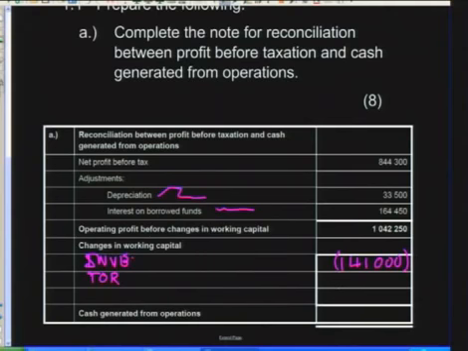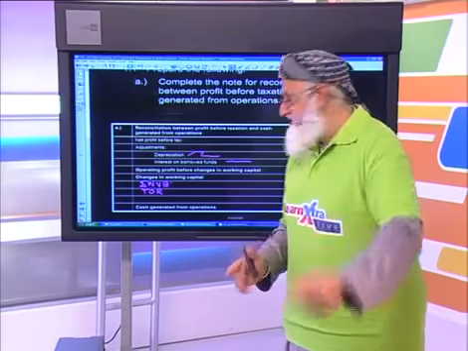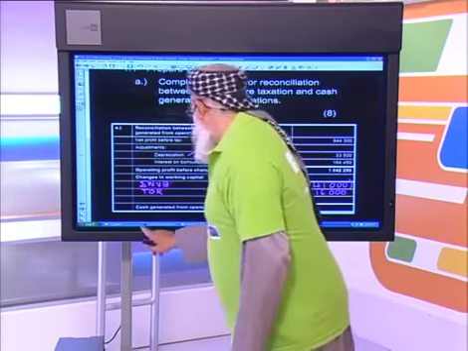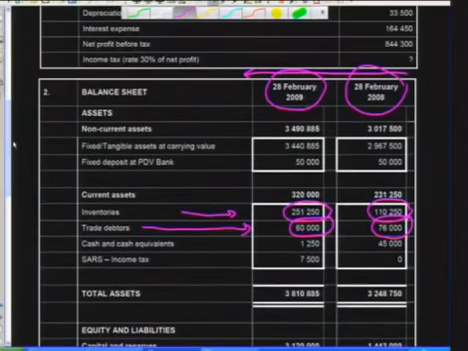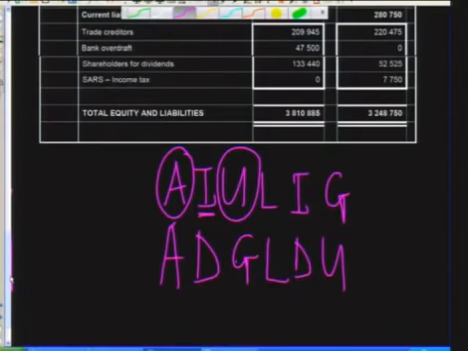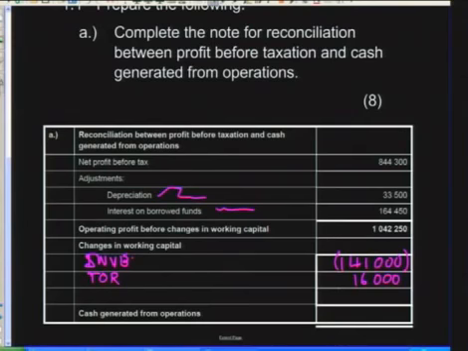My answer is 16,000 Rand, and because receivables is an asset and the asset has decreased, what do we know? When an asset decreases, we are generating cash. In other words, this is now a positive figure. So, trade and other receivables sorted.